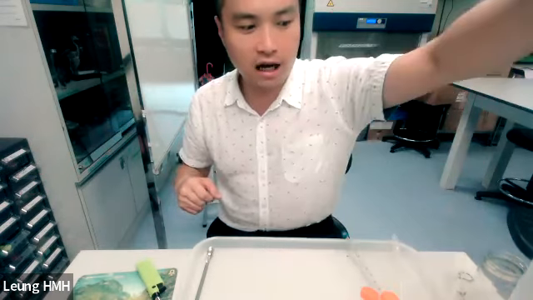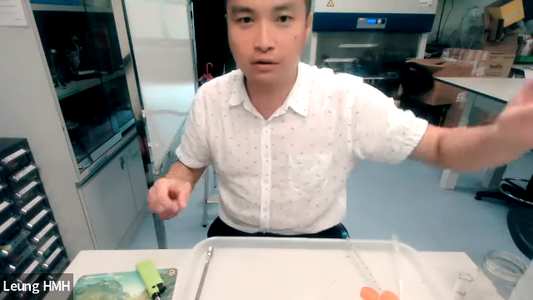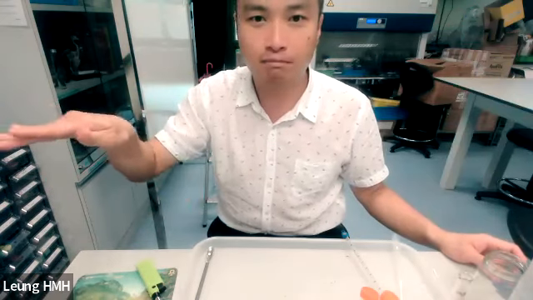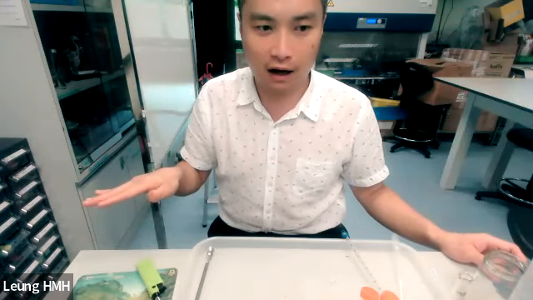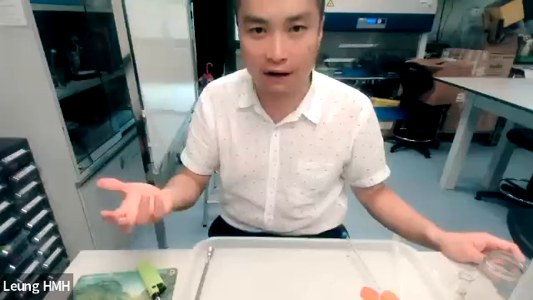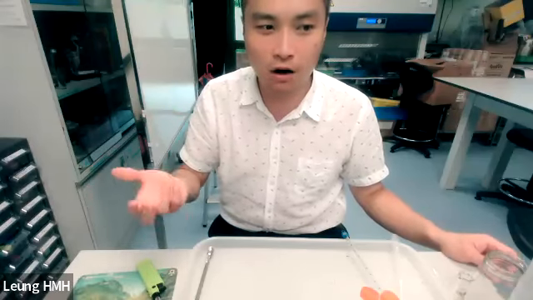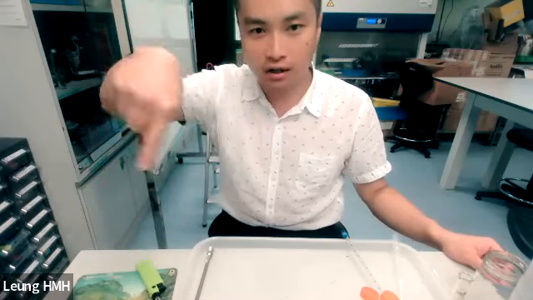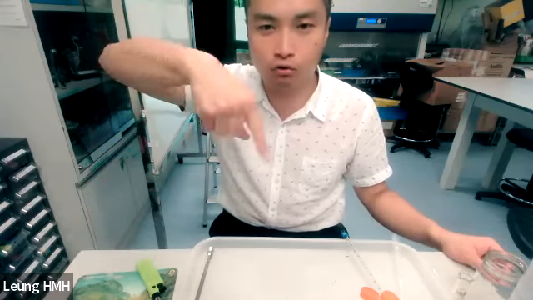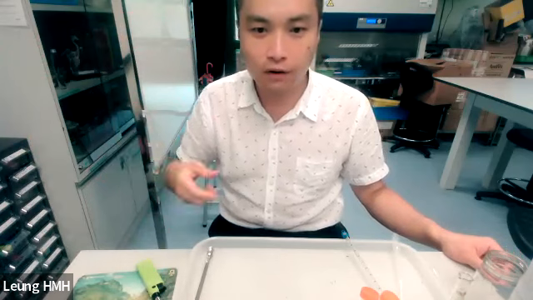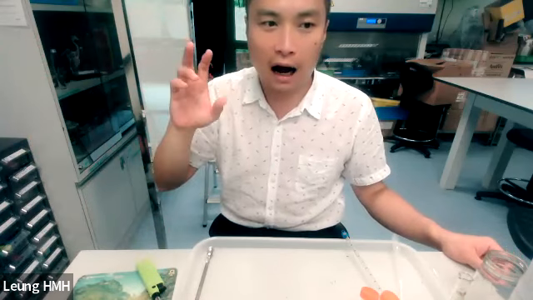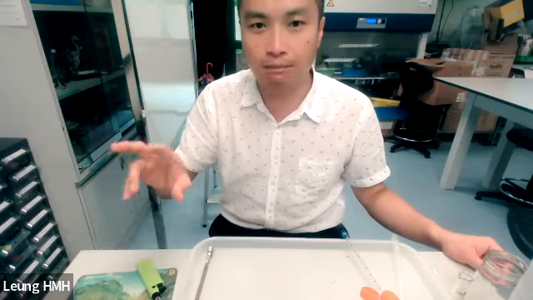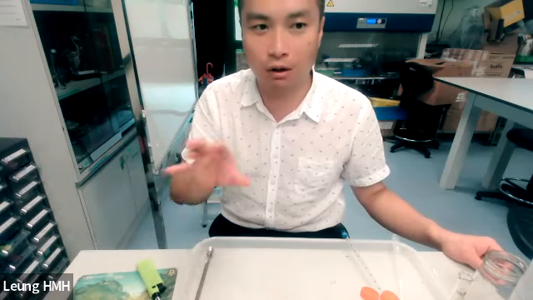And on a commercial basis, we separate these 2 layers by using a physical or chemical method. For the physical method, we use centrifugation. That means we centrifuge the mixture so that the biodiesel can be separated from the mixture.